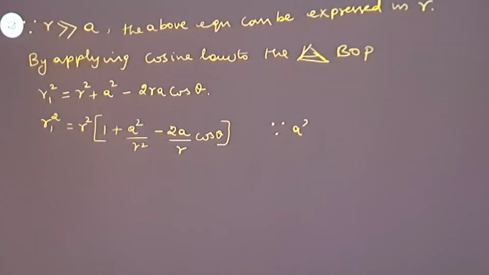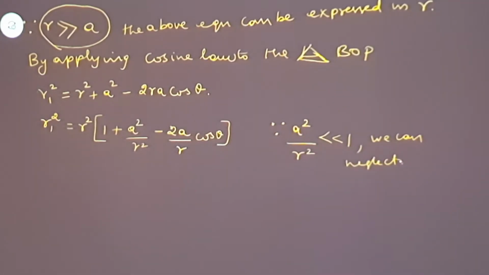Since A square divided by R square is found to be very, very less than 1, because already here we have stated the distance R is considered to be very, very greater than A. Therefore, A square divided by R square is very, very less than 1, so we can neglect this term since it is very small.